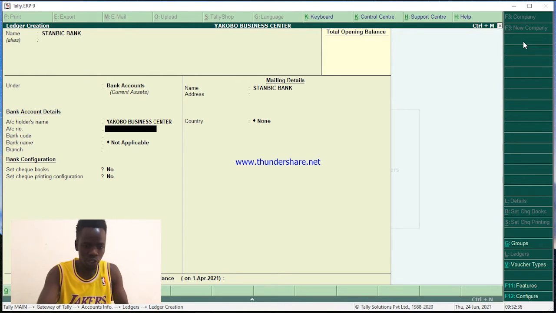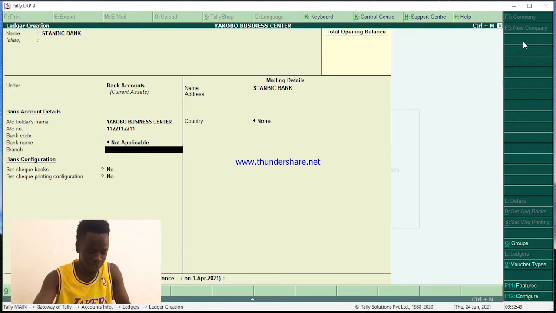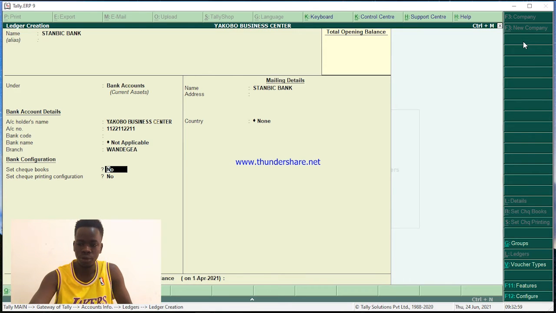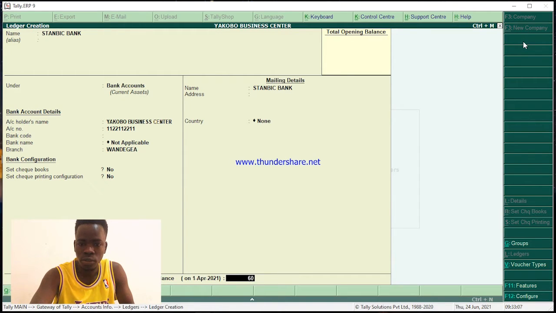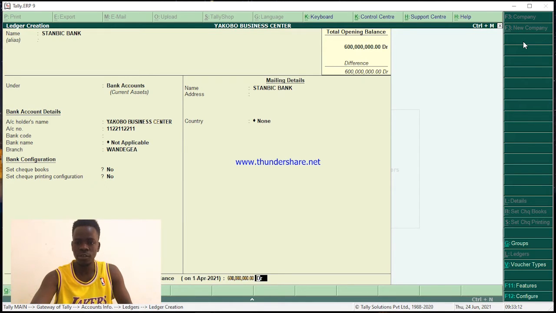The account number is 1122111 2211. The bank code we're not going to put because they haven't given it yet. So we go ahead and put the branch. They have given us Wandegeya as the branch. We're good to continue. The opening balance, they gave us 600 million here. So we're going to proceed and accept it.